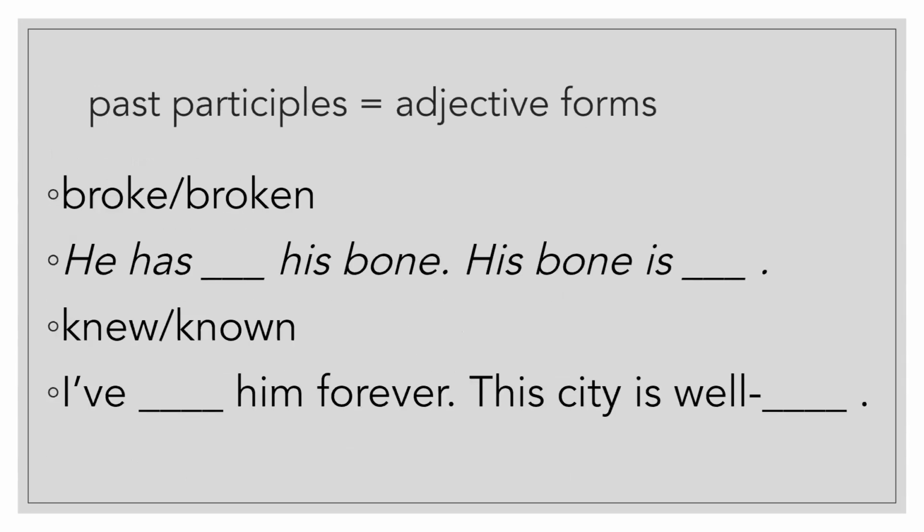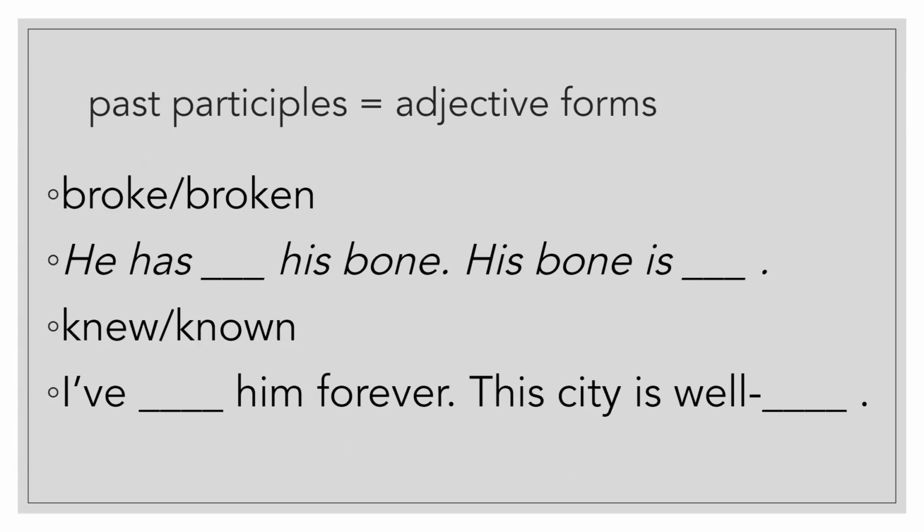Okay. For past participle forms, an easy way to remember what the past participle is: those are the same forms of the verb that we use as adjectives. So if I want to use a present perfect form of the verb to break, I would say he has broken his bone, right?